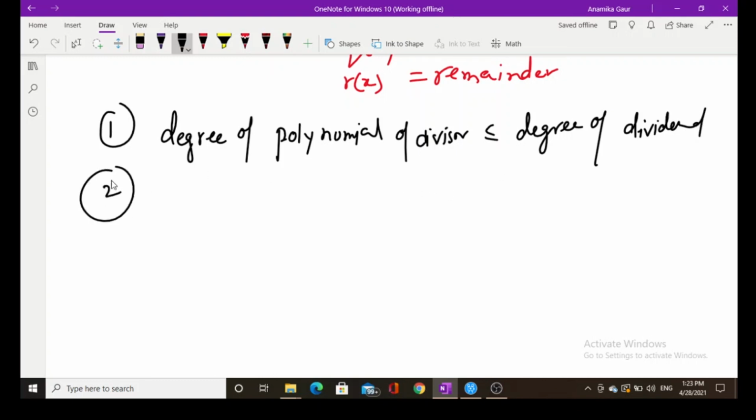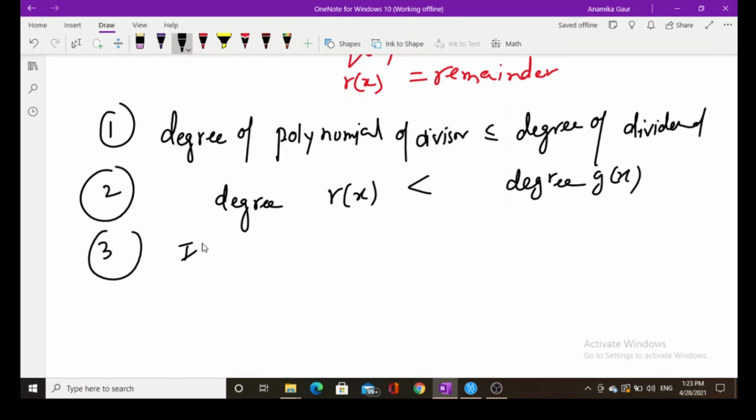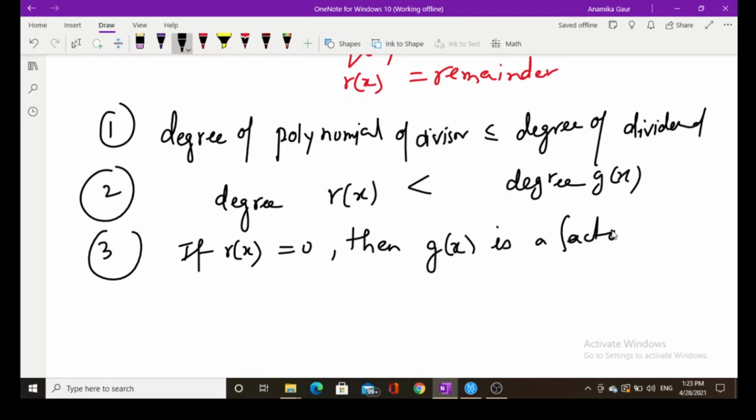Point number 2 which we should remember is that the degree of the remainder should always be less than the degree of the divisor. Third point is that if your remainder is 0, then we can say that g(x) is a factor of polynomial f(x).